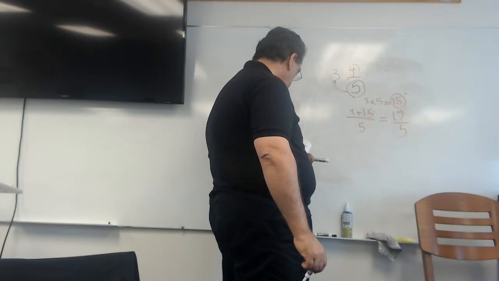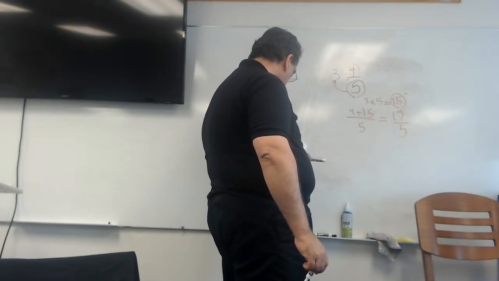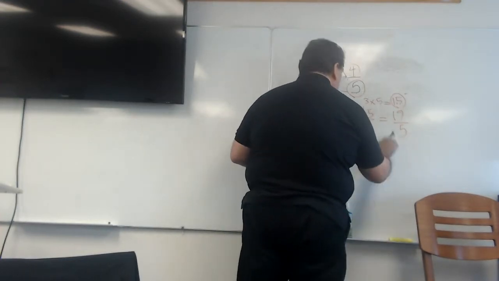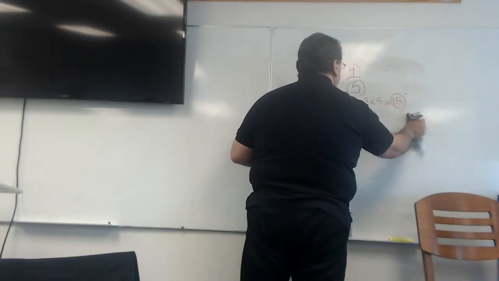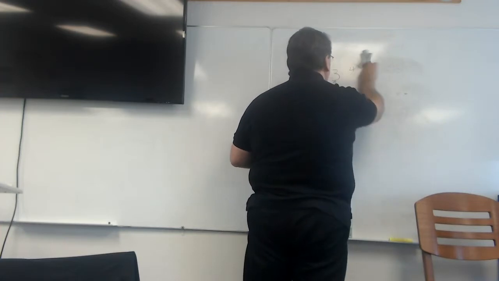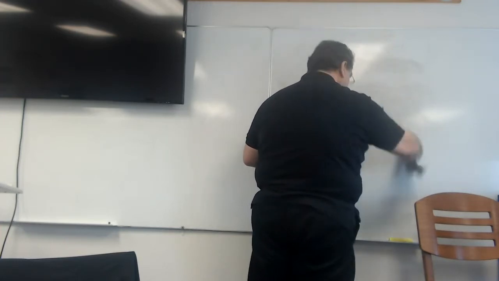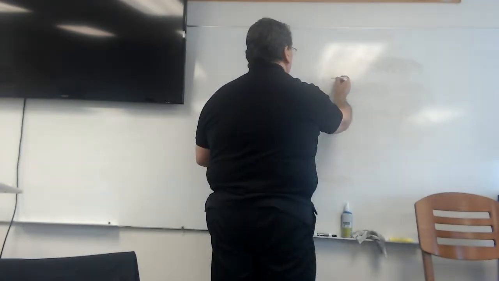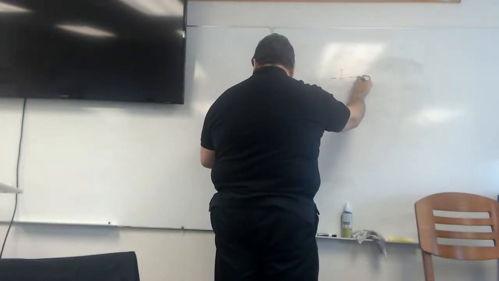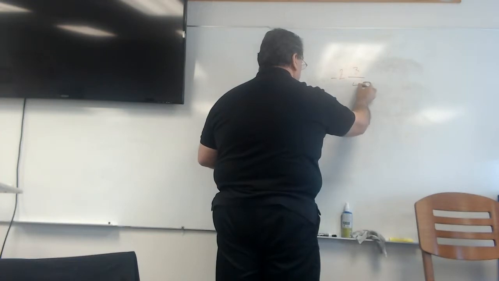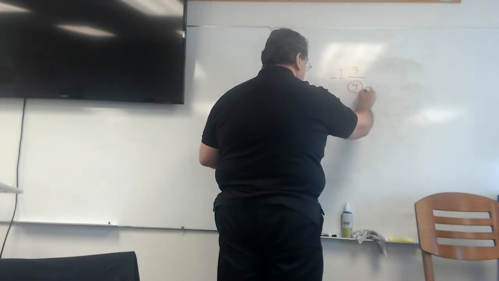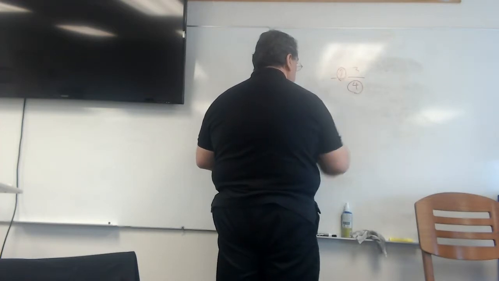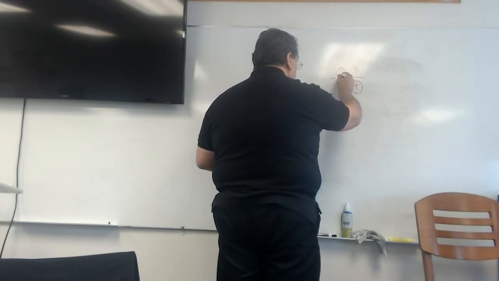All right? Let's do another one. If you have -2 3 over 4, again, take the denominator and multiply by the integer here, 4 times 2 is 8.